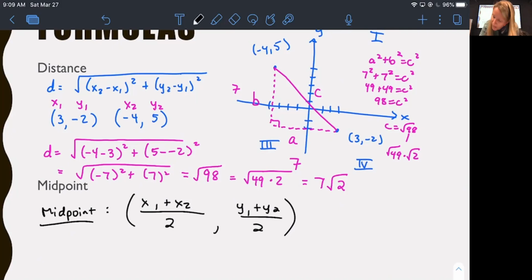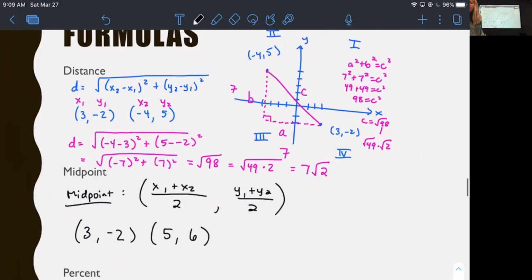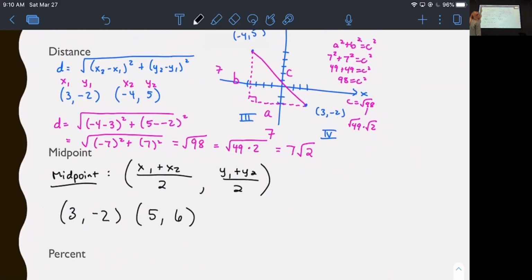So again, let's say we had the points 3, -2, and then this time, let's say we have the points 5, 6. You can just use the midpoint formula, or you can use the idea of slopes as well to find the point in between these 2 points.